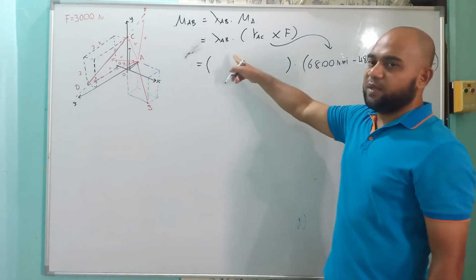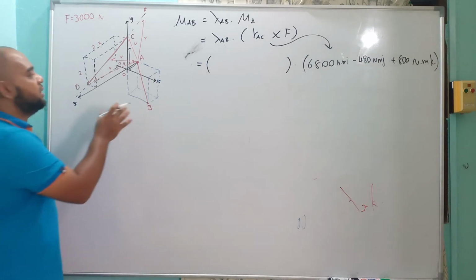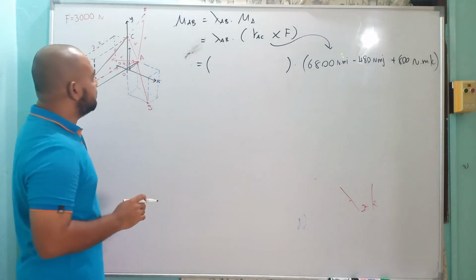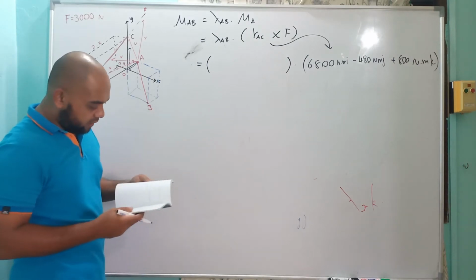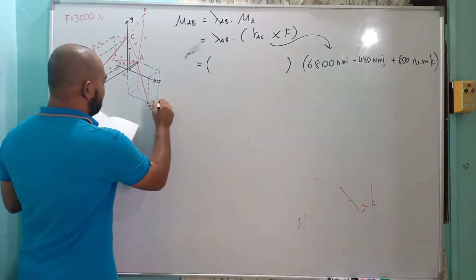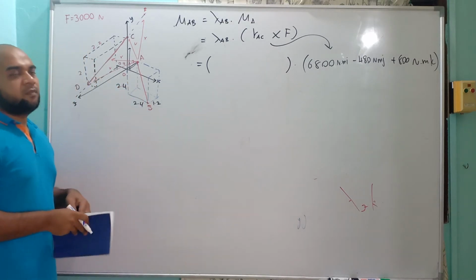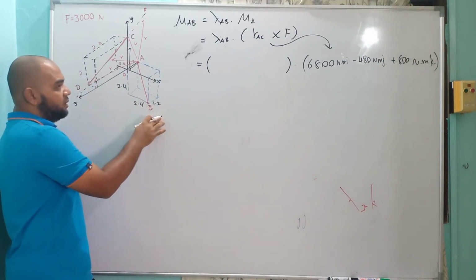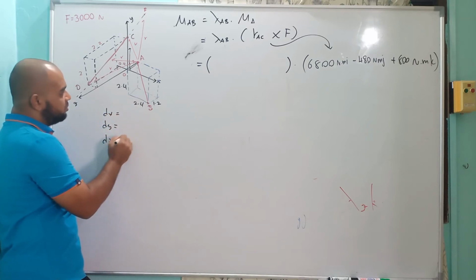Now we want to find lambda AB. Lambda AB is a unit vector, so we can use the coordinate method. We still have 1.2, 2.4 and 2.4. With the coordinate method, we find dx, dy and dz.